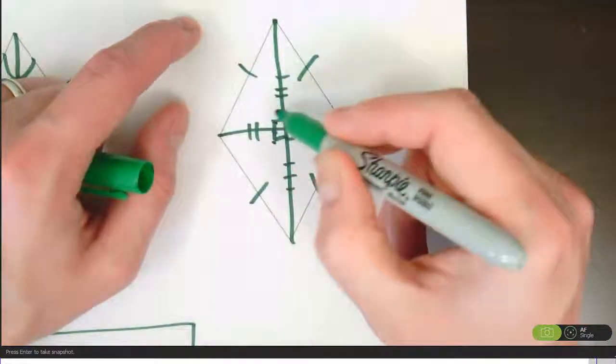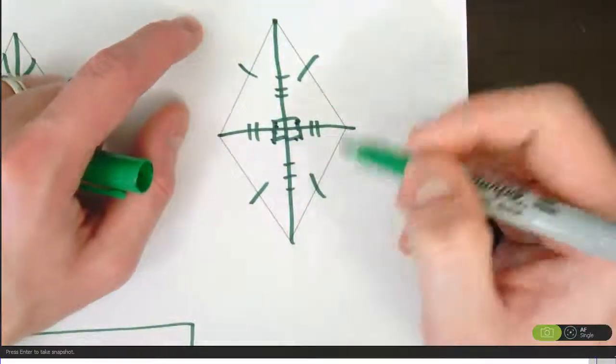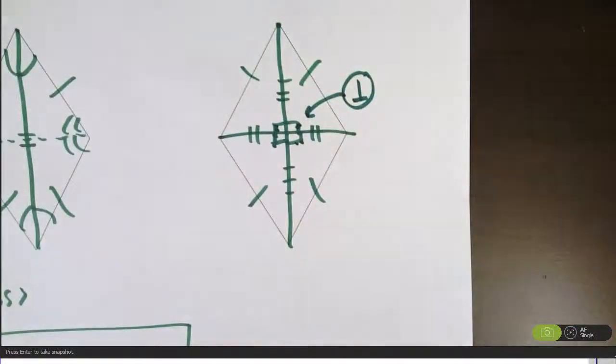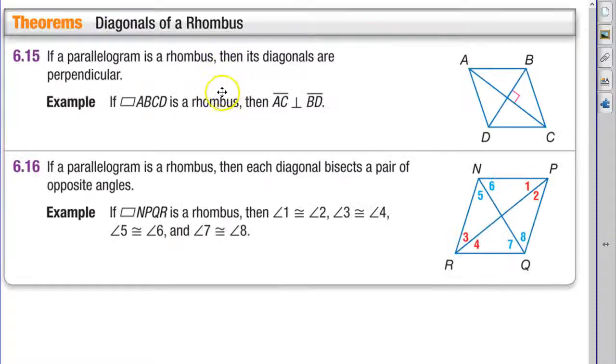If all four are congruent, they have to form right angles, which means the diagonals are perpendicular. So there are two big theorems specific to a rhombus. One is, if it's a rhombus, then the diagonals are perpendicular. And then if it's a rhombus, each diagonal bisects the opposite angles. So 1 is congruent to 2, 3 is congruent to 4, 5 is congruent to 6, 7 is congruent to 8.